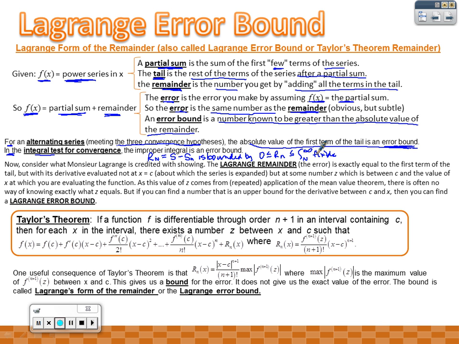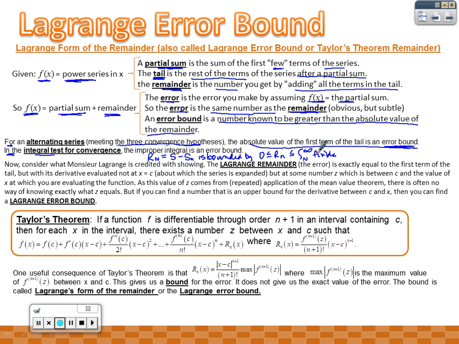We don't use this test a lot, so we haven't practiced this error a whole lot, but that is an option for you. Okay, so now we've talked about the types of error we've been working with.